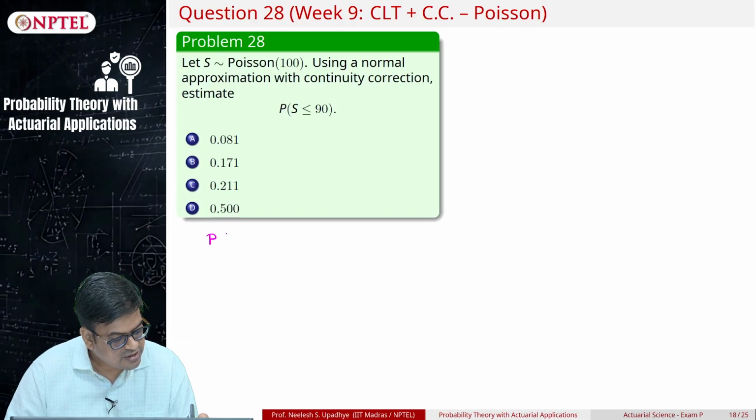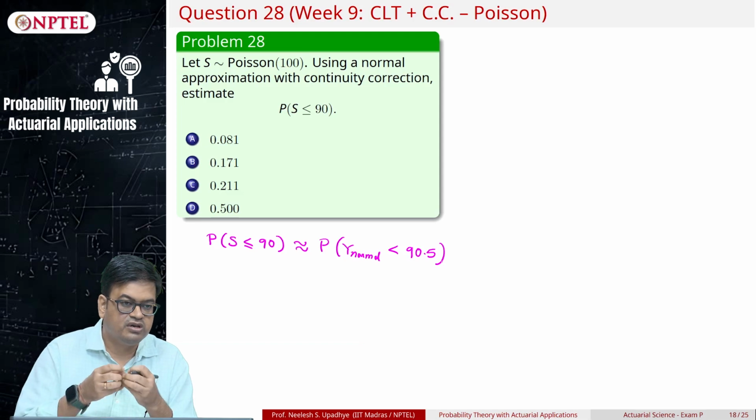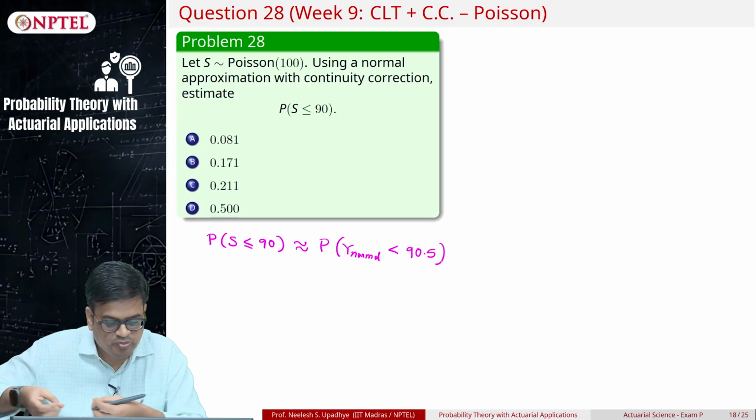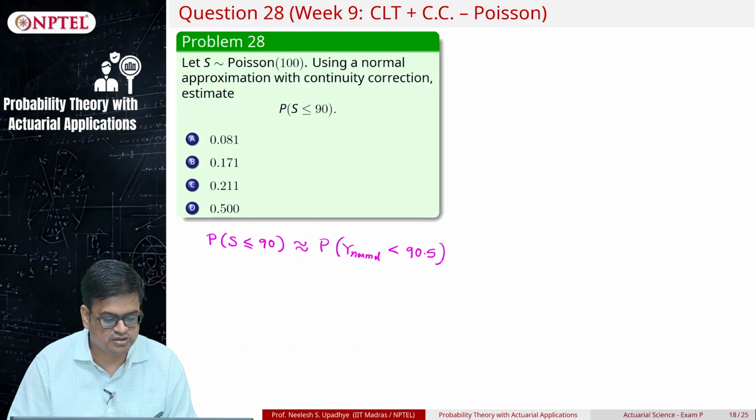So, probability of S less than or equal to 90, how will I map this to approximate normal? This is probability of Y normal less than 90.5. So, you already know I will splash over this 0.5 here, 0.5 there if there is a unit step. Poisson has a unit interval between 0 and 1.